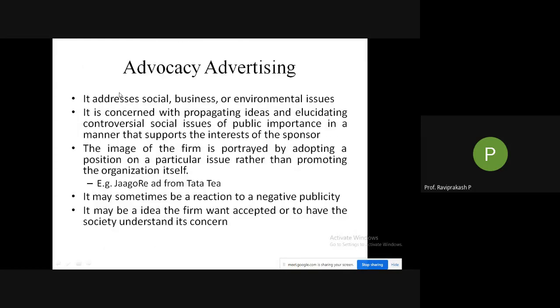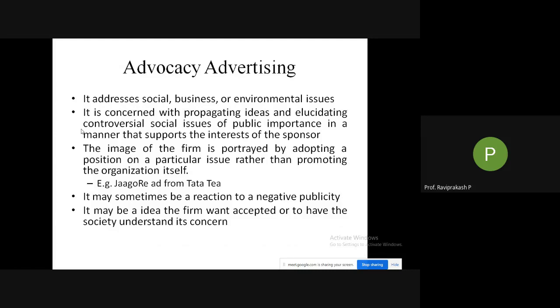Then advocacy advertising. What is this? It addresses social, business, and environmental issues. It is concerned with propagating ideas and elucidating controversial social issues of public importance. Some things are controversial, you are taking a side and you are trying to promote that particular issue in a manner that supports the interests of the sponsor.